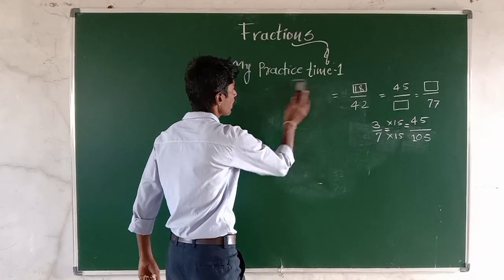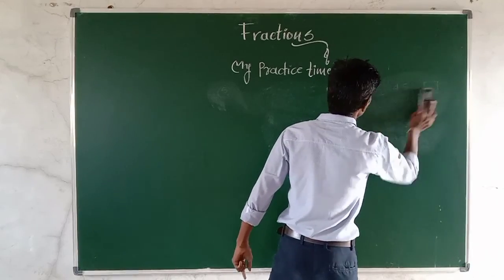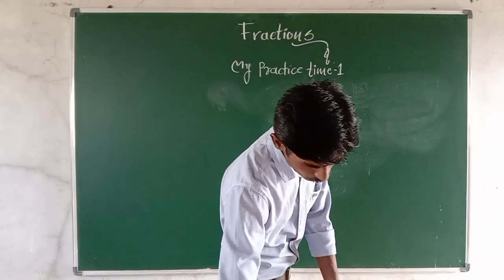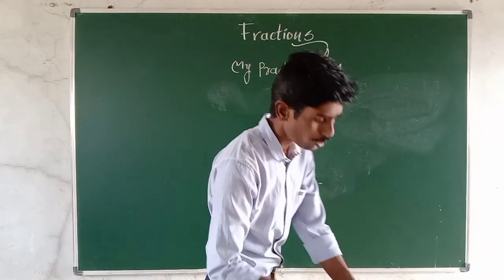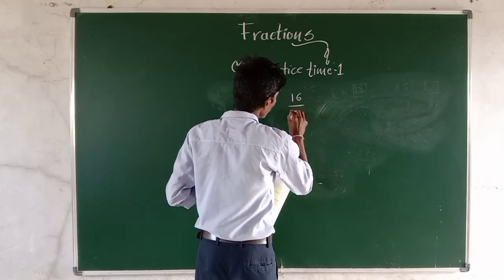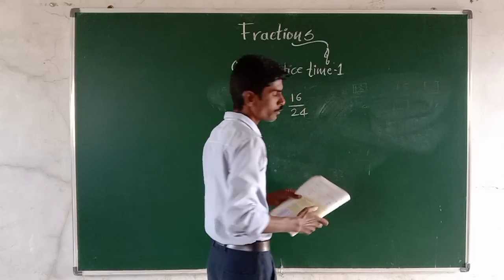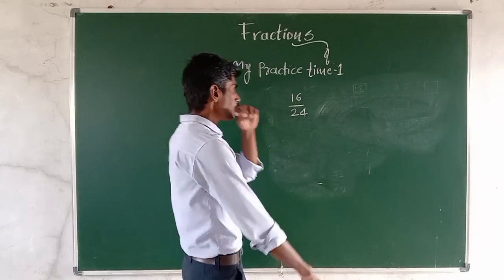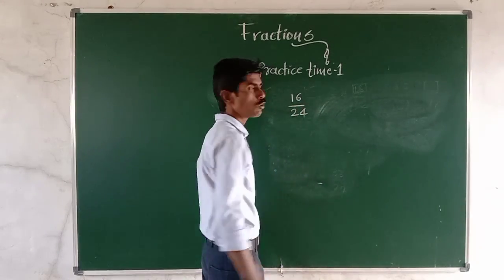Now the last question is: reduce the following fractions to the lowest form. 16 by 24. We have to convert it into the lowest form.